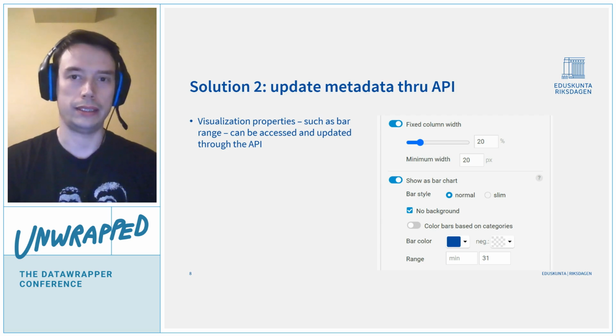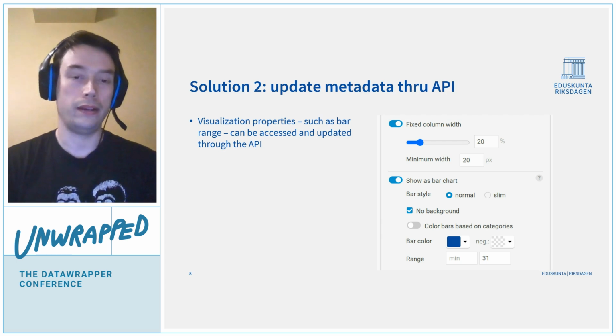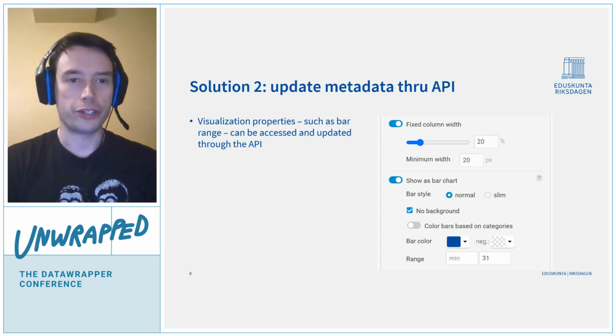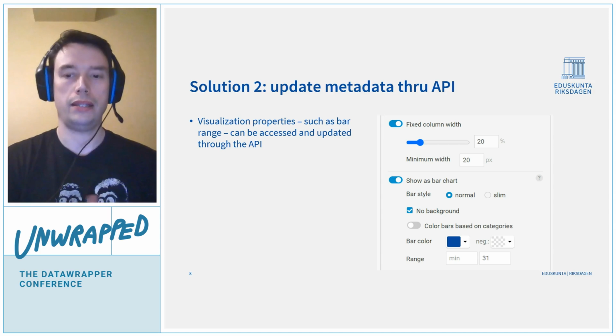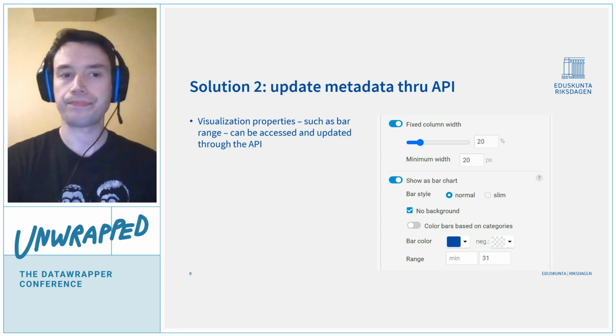Luckily, there's always the API. I use R and the Datawrapper package to update some of my charts and tables, and with the R package at least, you can access the metadata or properties through the API. So everything you do in the Datawrapper software, you can also change through the API.